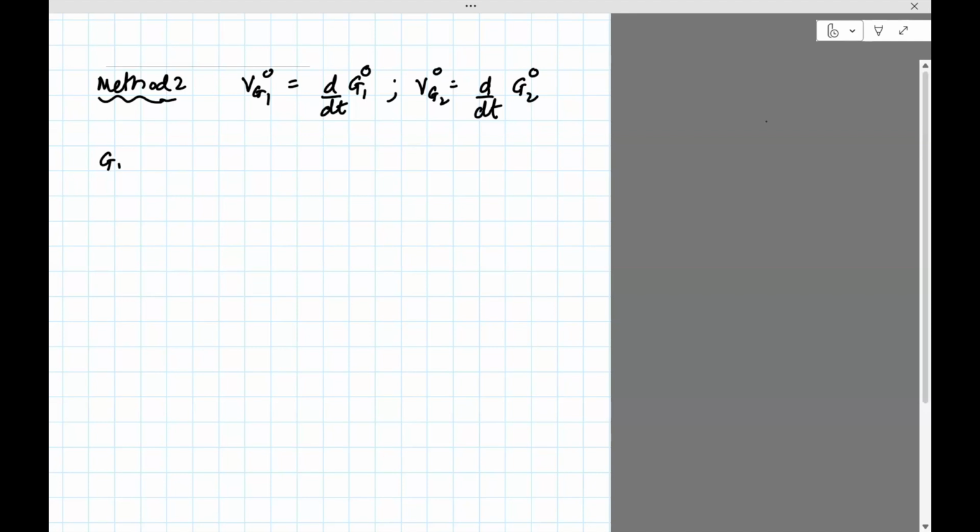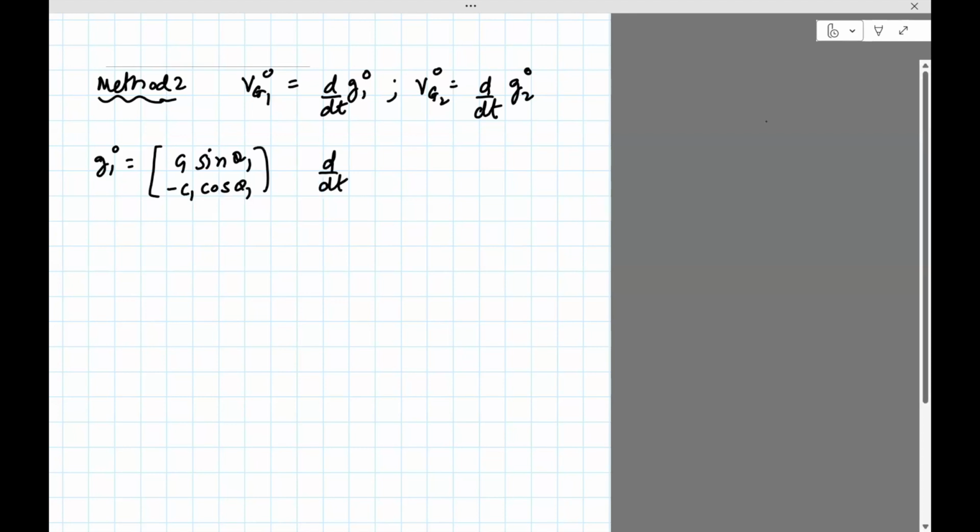Okay, so G10 was, we just write it as G10, just to distinguish it from capital G. The caps means that it has that 1 in it. So G10 is C1 sine theta 1 minus C1 cosine theta 1.